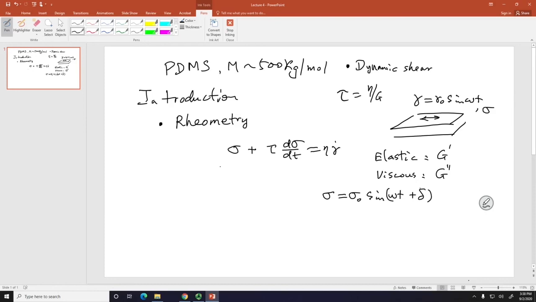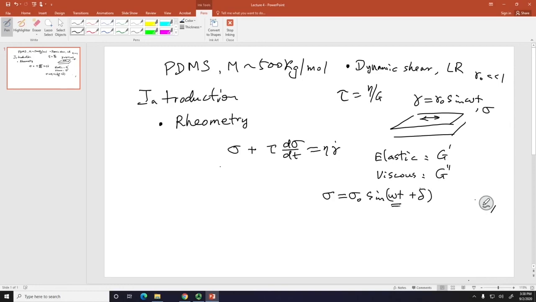So basically, you have shear. You move your plate back and forth, and if it's a linear response, which means small amplitude, which means gamma 0 is small, then you find the stress response will also be a sine function.